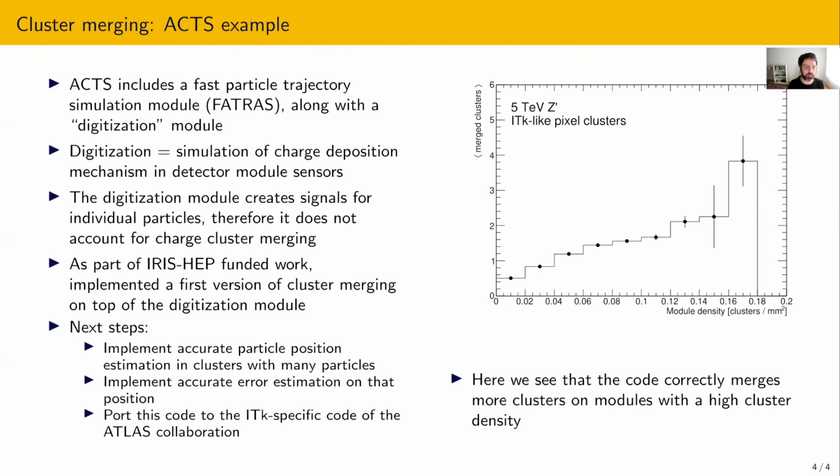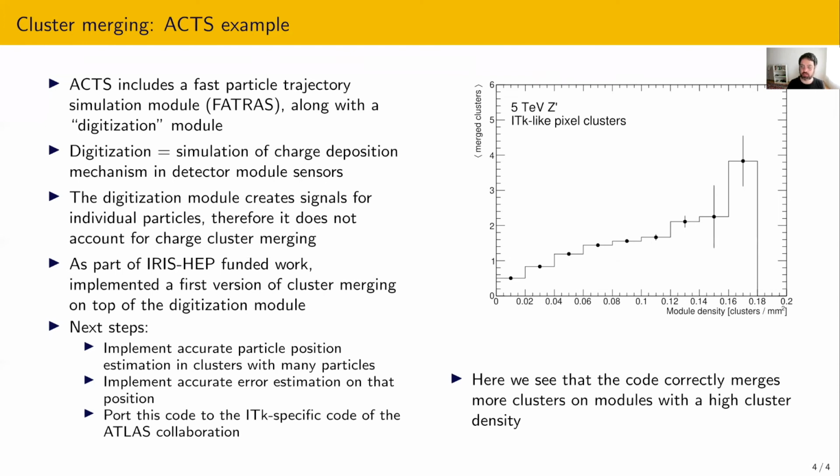As it is now, this module only creates signals looking at individual particles, so if the particles are close by, it will not merge them. They are different clusters. So as part of IRIS-HEP funded work, I've been implementing a first version of such cluster merging on top of the digitization module.